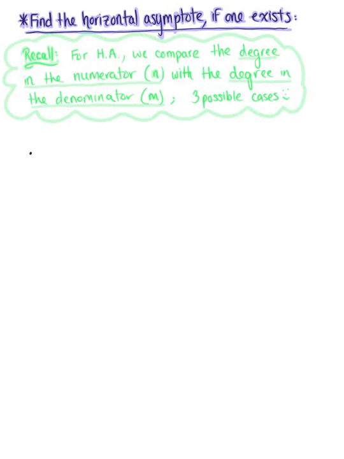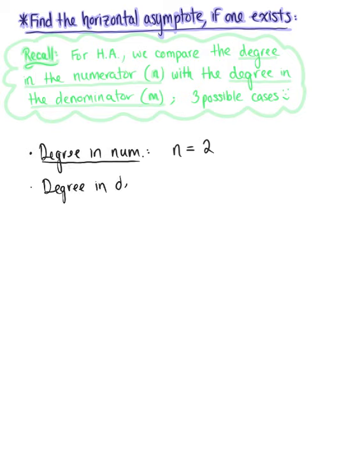So again, we have identified that the degree in the numerator, call this n, is 2. And we have also identified that the degree in the denominator, which we're going to call m, is 1.